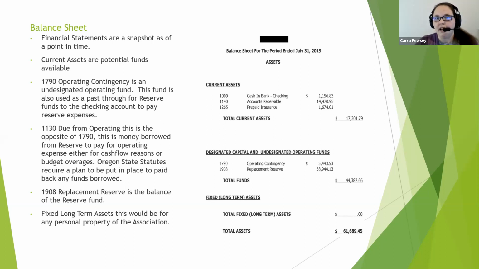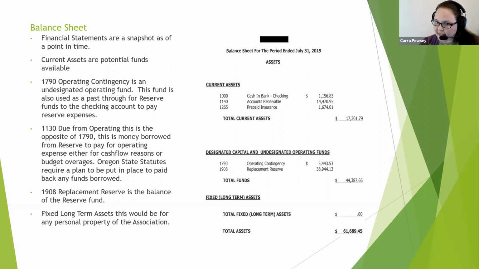So we put that into prepaid insurance, and then every month we take 1/12 of the premium, and that's what gets accounted for in your income statement. Prepaid insurance will bump up when you renew, and then slowly move its way down to zero as you reach the end of your insurance term.